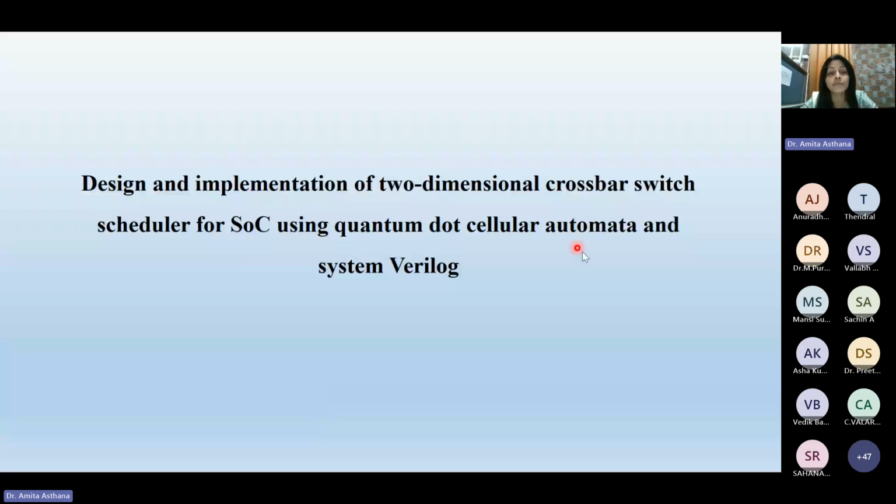That means now I am going to present a two-dimensional crossbar switch scheduler, and also compare the crossbar scheduler designed with QCA and the same crossbar scheduler designed with System Verilog. So we will see the power dissipation in both of the circuits, and also I am going to present a physical realization for quantum computing.